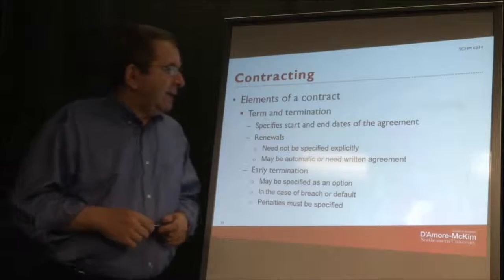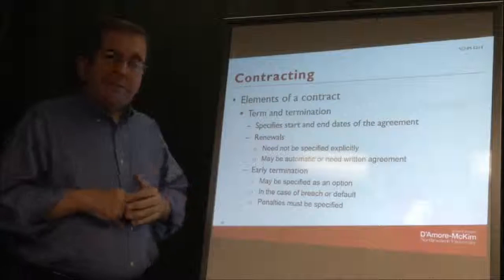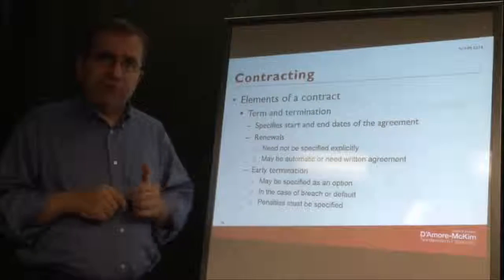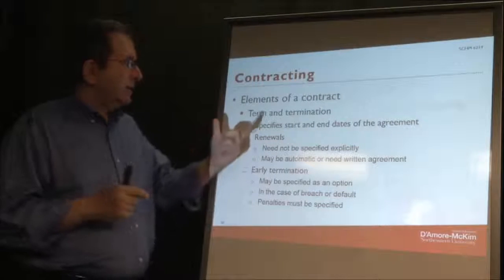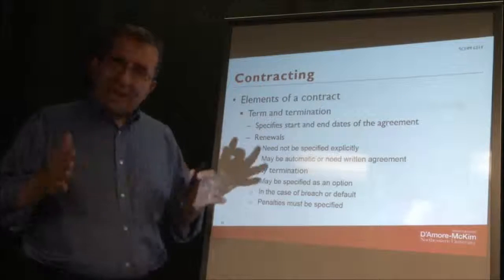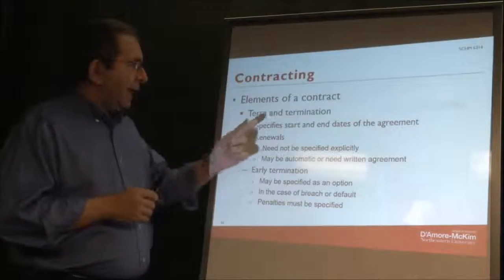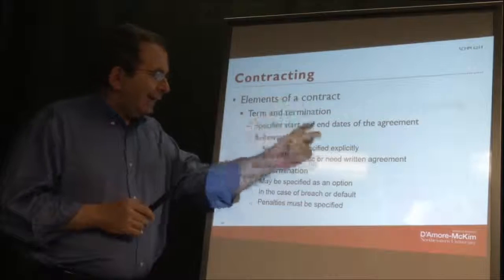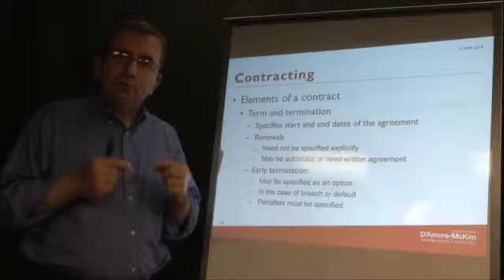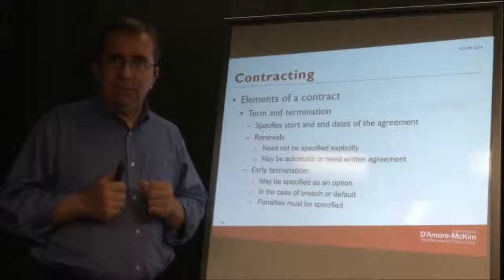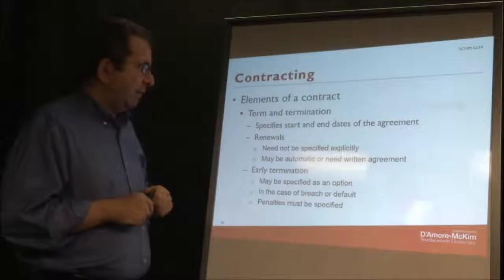Okay. So, elements of a contract. First of all, a contract specifies a term, a time period with a start date and end date during which the agreement will be valid, in effect. Okay?